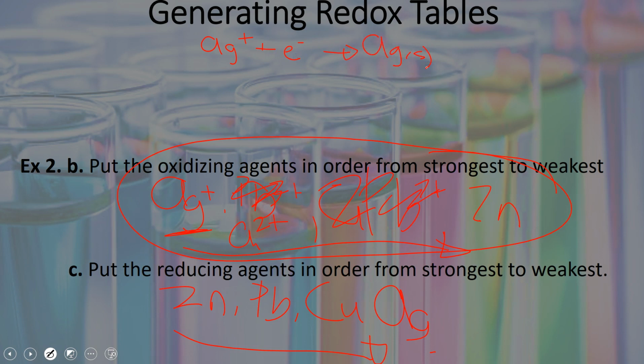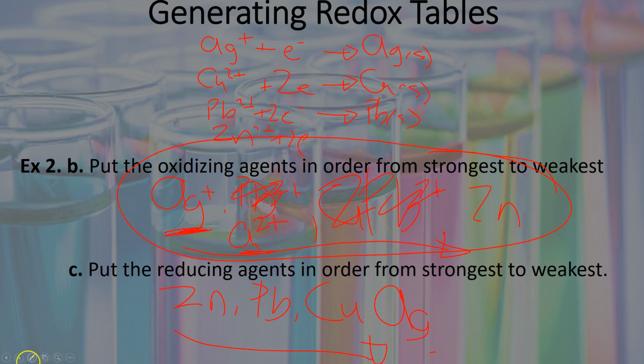I'm going to essentially be creating my own reduction half reaction table for this question. So I would do silver, and then I would do copper 2+ plus 2 electrons produces copper solid. I would do the same thing for lead: lead 2+ plus 2 electrons produces lead solid, and the same thing for zinc 2+, 2 electrons, right?